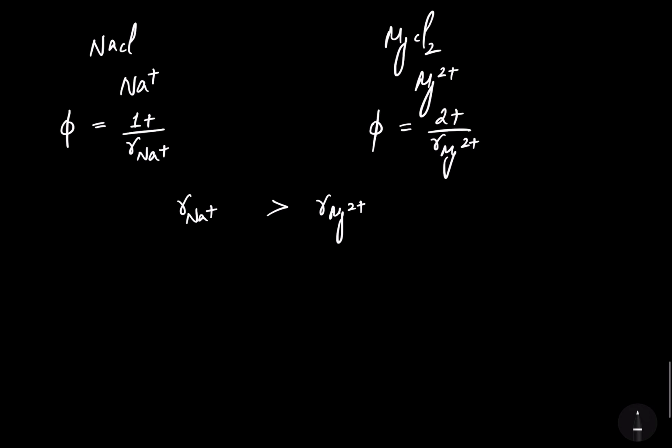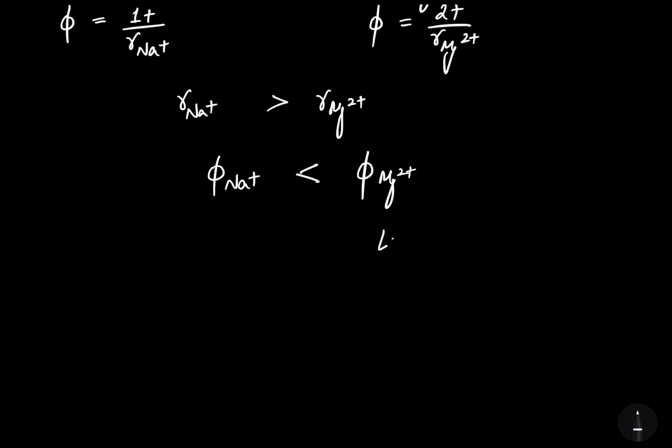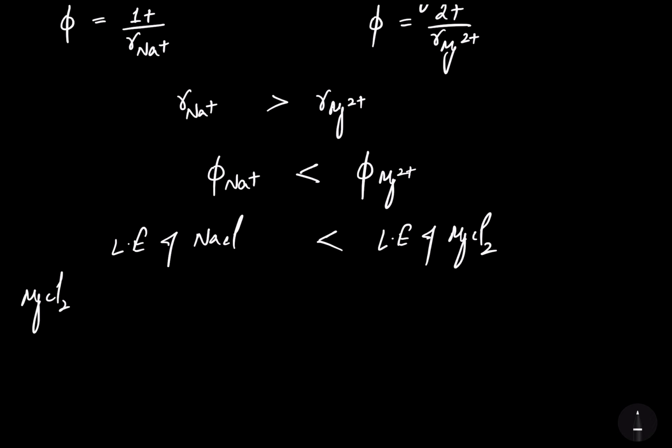So that means the charge density of Mg2+ will be much greater than the charge density of Na+, which signifies that the lattice energy of MgCl2 will be much greater than the lattice energy of NaCl. That means MgCl2 has a stronger lattice than NaCl.